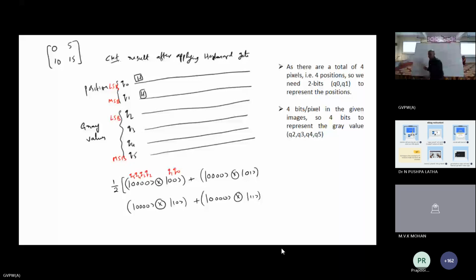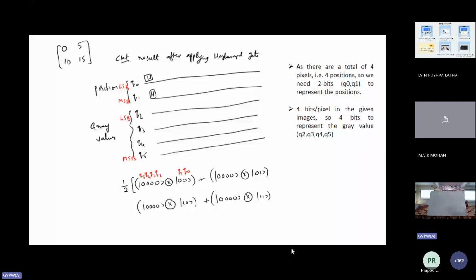Both are the same. Applying the Hadamard gate individually or applying it combinedly on these 3, they are exactly the same. I am telling you, this is the basis for almost all the algorithms, the Hadamard gate. When I apply the Hadamard gate on these 2, you will get all the combinations of that. If I apply it on these 3 or these 4, you will get the result accordingly.